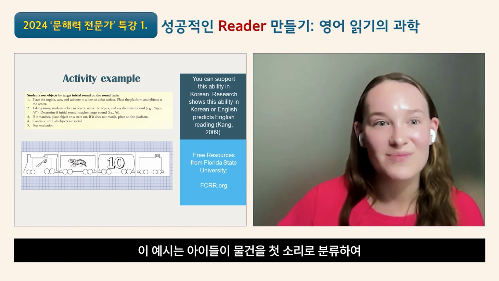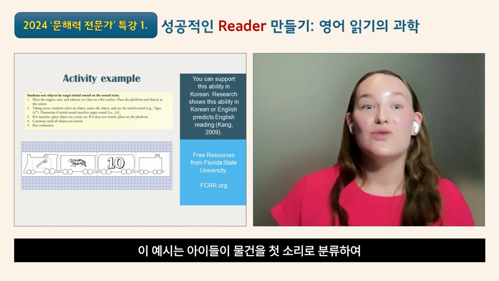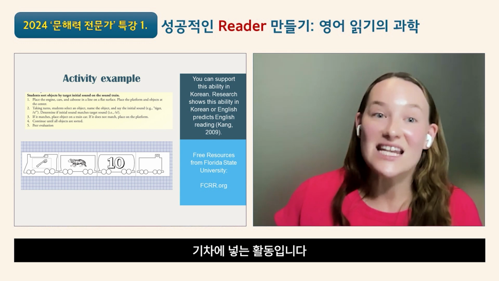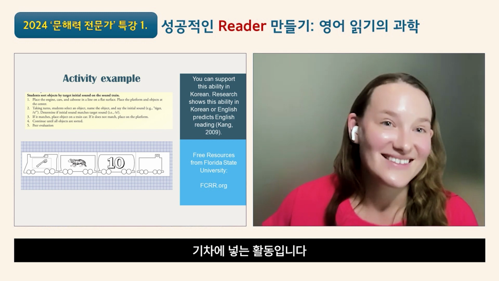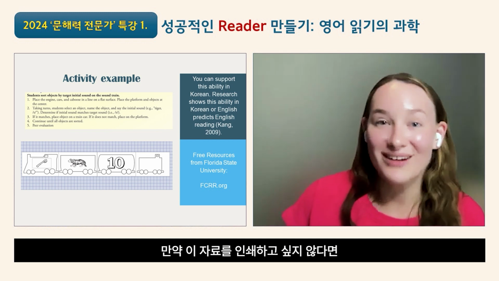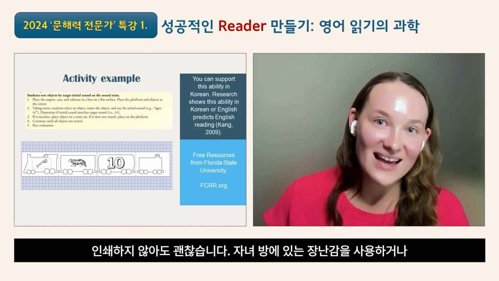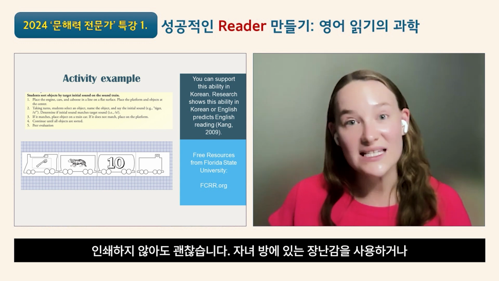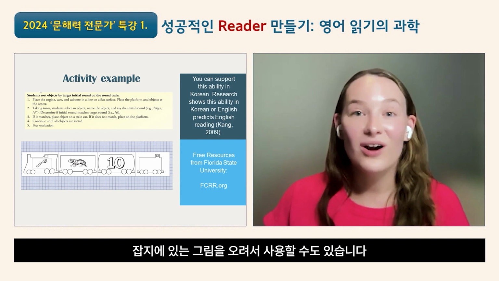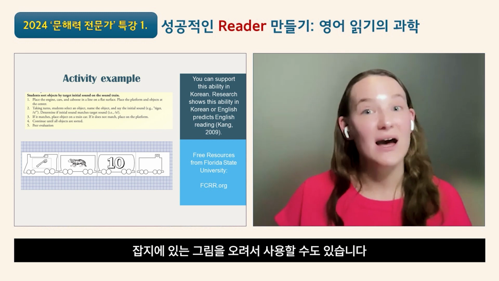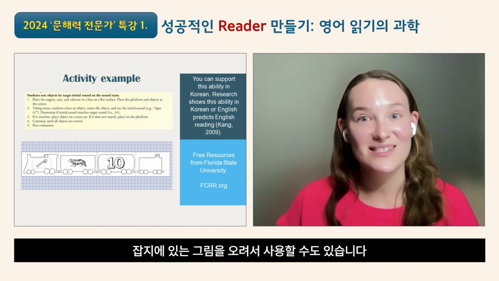In this example, students are sorting objects by initial sounds into a train. Now, if you don't want to print this out, that's a-okay. You can grab some toys in your child's room, or you could even rip out pictures from magazines to use.